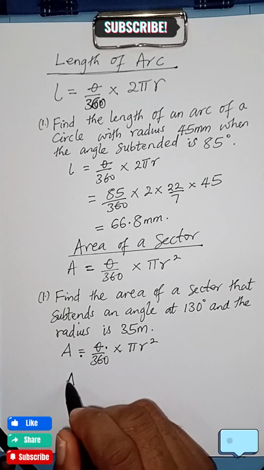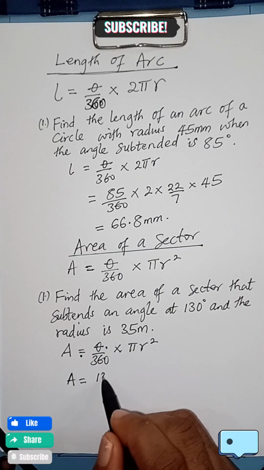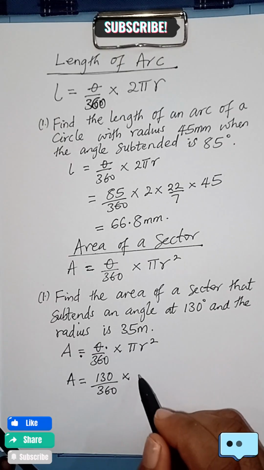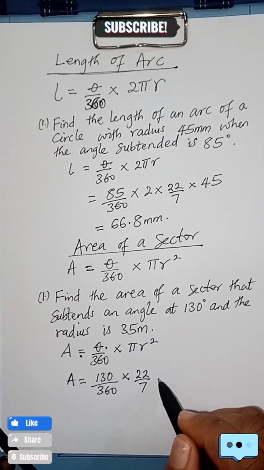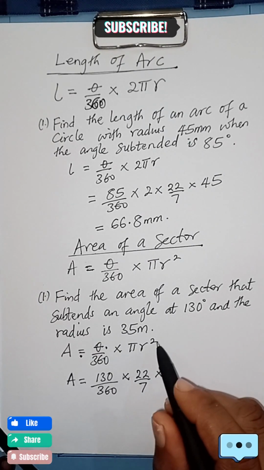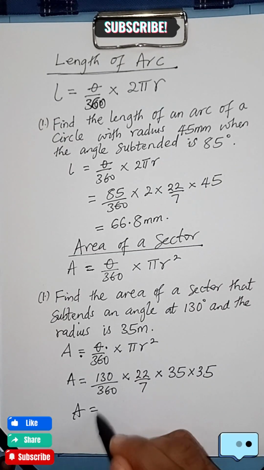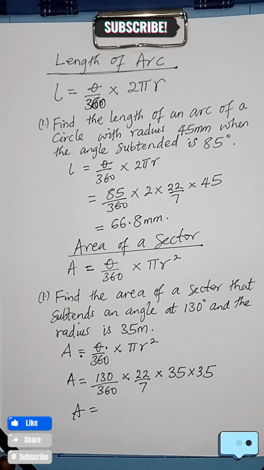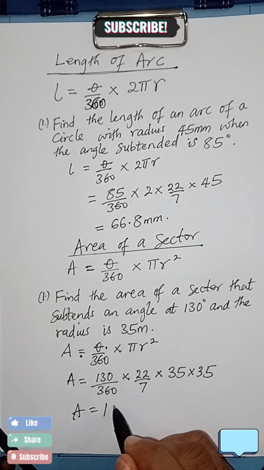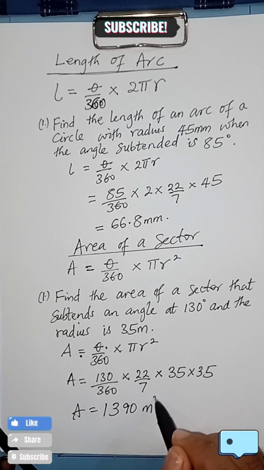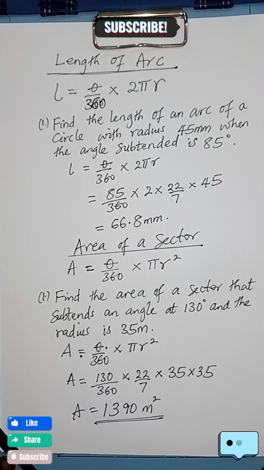Our theta is the angle, which is 130 degrees, divide 360, multiply our pi, which is 22 over 7, multiply r square, radius is 35, multiply 35. So what you do here is to multiply the numerators, and then you divide by the value of what you're going to have in the denominators. Your answer is supposed to be 1,390 meters square. So if you have this as your answer, it means you are correct.